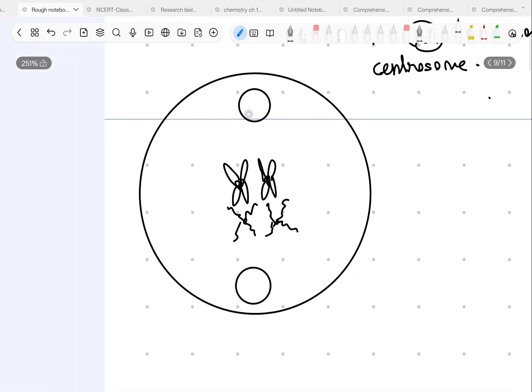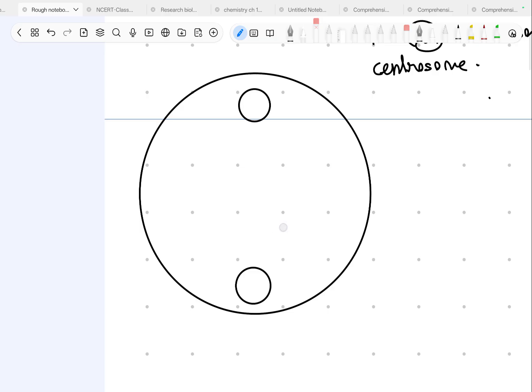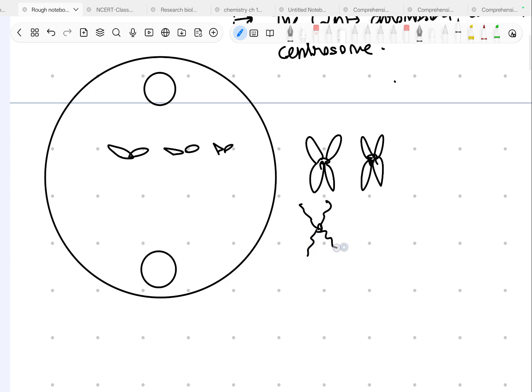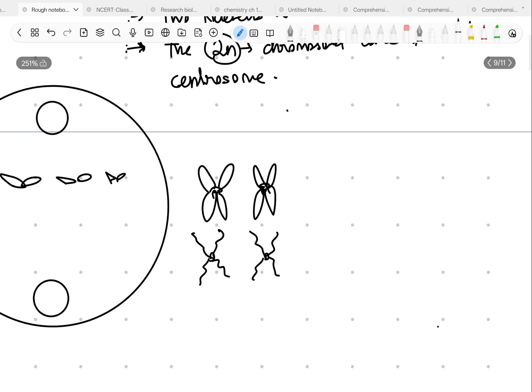Now the pull will occur. Here you will see 1, 2, 1, 2, 1, 2: two copies were there, like this. So what will actually occur?